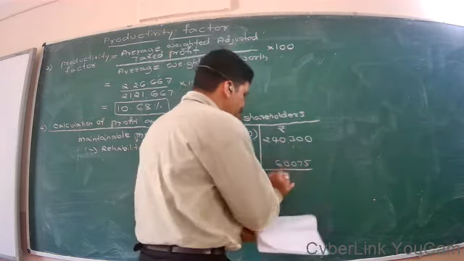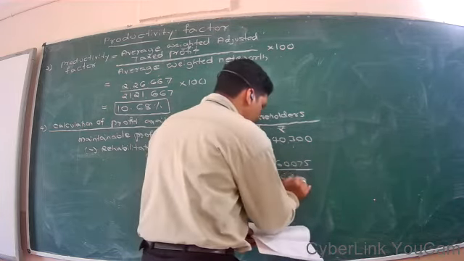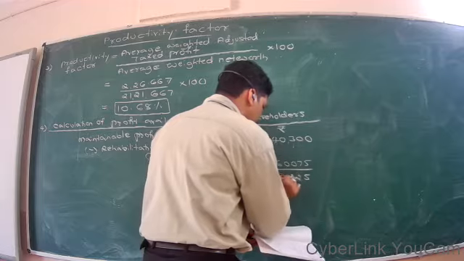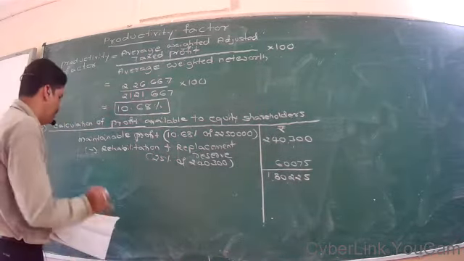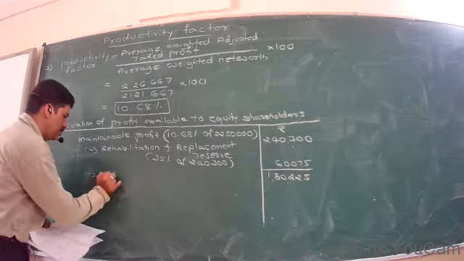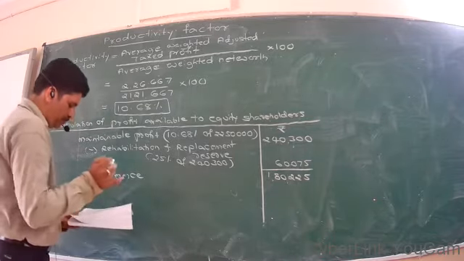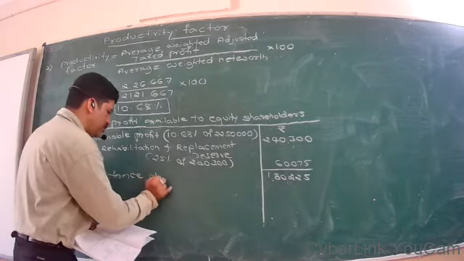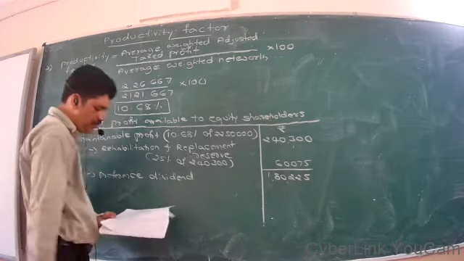So balance is 1,80,225. From this, you have to deduct preference dividend.